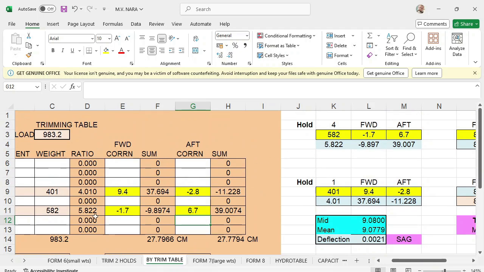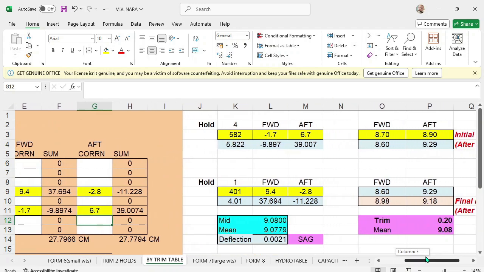Your forward correction is negative 17. Your aft correction is 67. So here in this other trim table, first you load in number 4, because of that you will have trim by the stern. So once you load 582, you apply the correction. Once you apply the correction, this is your initial drop.